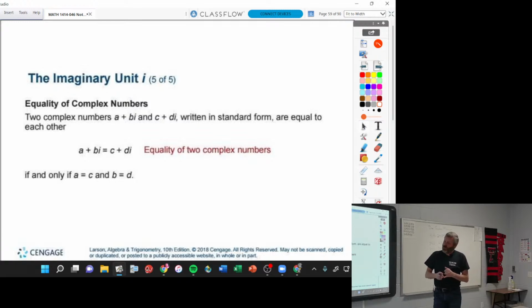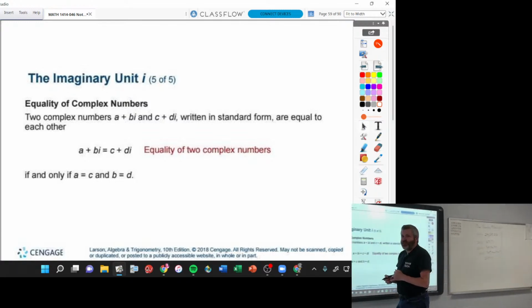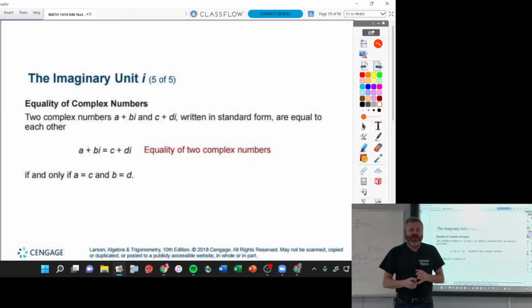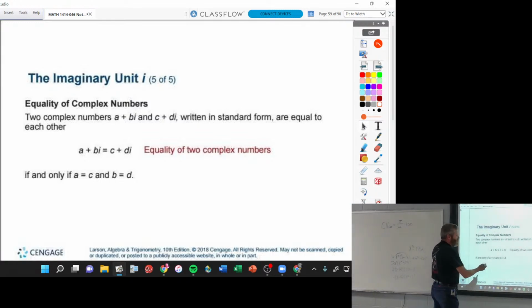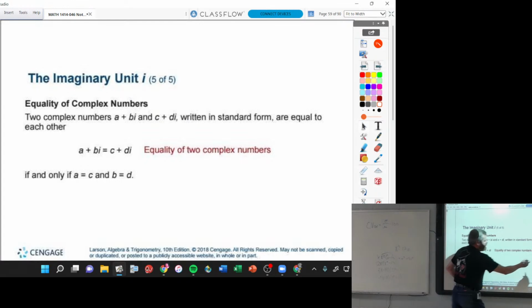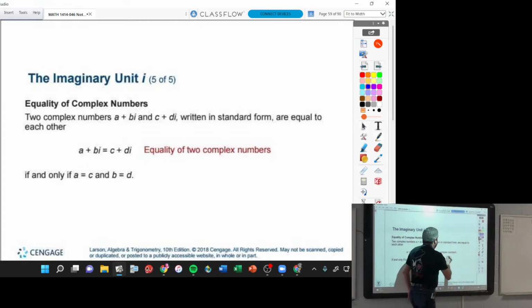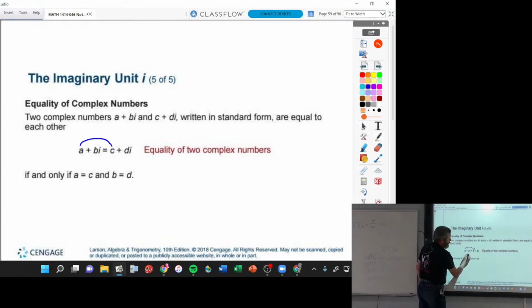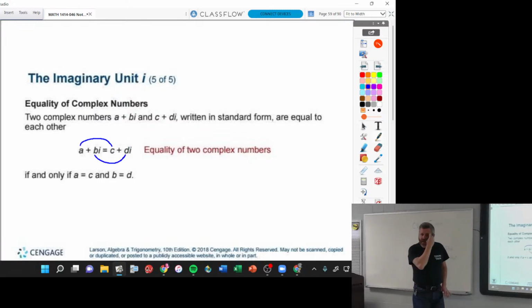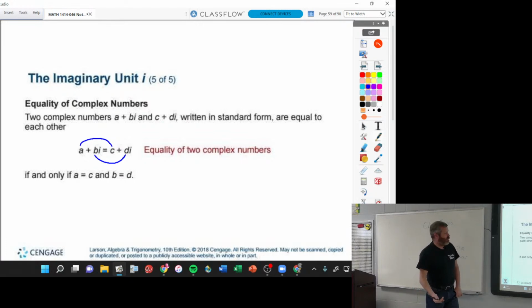Now, two complex numbers, a plus bi and c plus di, written in standard form. If those two are equal to each other, if I say that a plus bi is equal to c plus di, I'm saying that a and c are exactly the same, and b and d are exactly the same. That is the only way a complex number can equal a complex number.